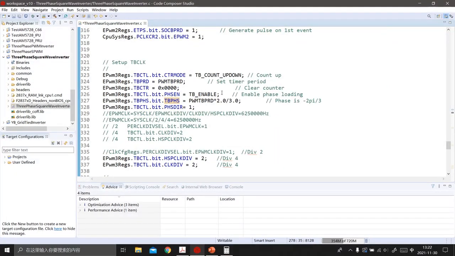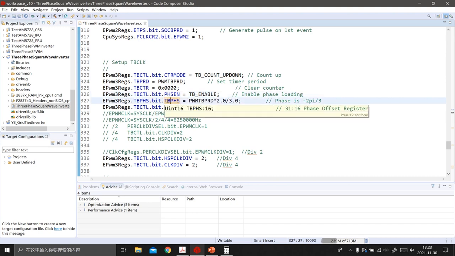For EPWM3, its phase shift function is also enabled, and its TBPHS value is also TBPRD multiplied by 2 and then divided by 3. But the PHSDIR flag is set to 1.